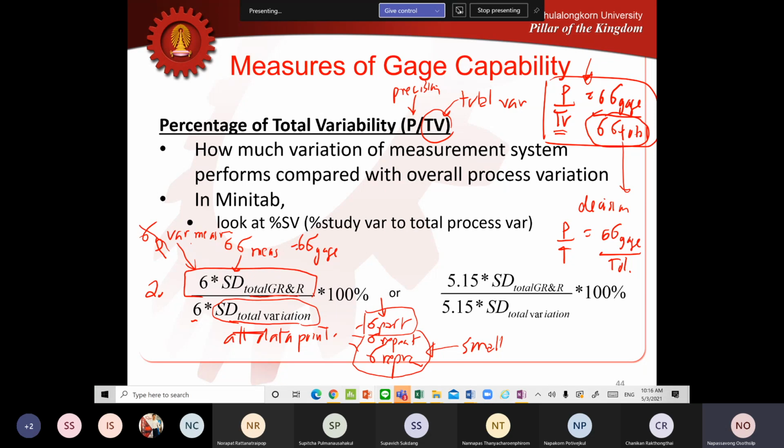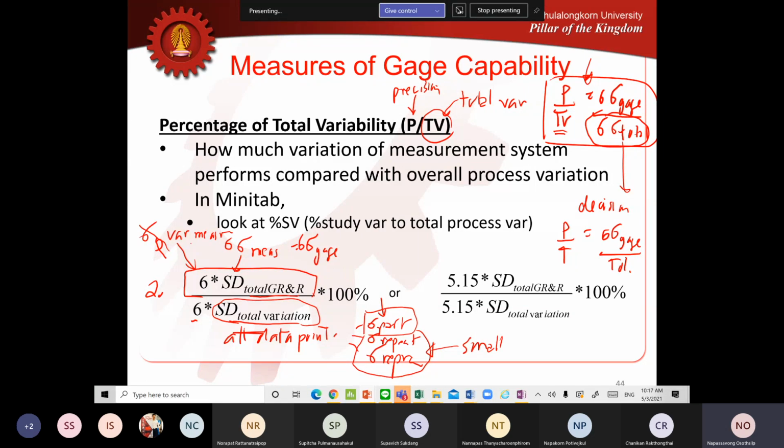So if we use 10%, how do we make decision based on this criteria that you said? If the ratio is less than 10%, it means that this variation is acceptable. Yes, very good. That means we accept the precision of that measurement system.